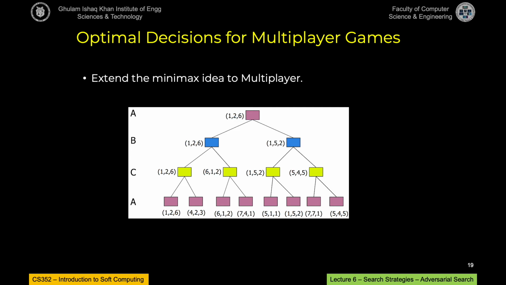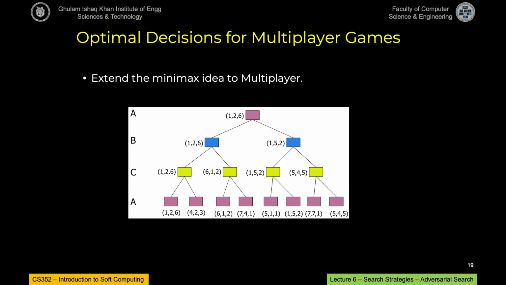Then it is a turn of B, which has a choice between 1 2 6 and 6 1 2. Again, it will just look at the second variable, which is 2 in the first node and 1 in the second node, and of course 2 is greater, so it will choose 1 2 6. Similarly, when it has to choose between the two nodes 1 5 2 and 5 4 5, it will choose the one that is larger in the second variable, which is 5.